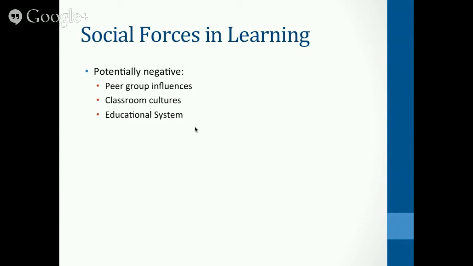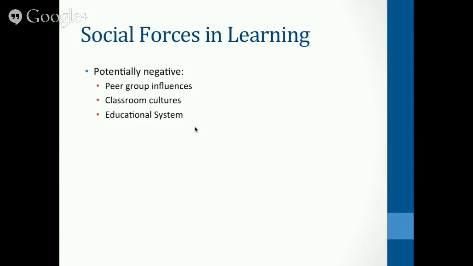Classroom cultures. So how is everything working together with the students? Are the students actually working well together? How is the teacher? And then the educational system: you have the curriculum, the demands of the school, and whatnot. This can all have an influence on whether or not the person can actually develop autonomy as a learner.